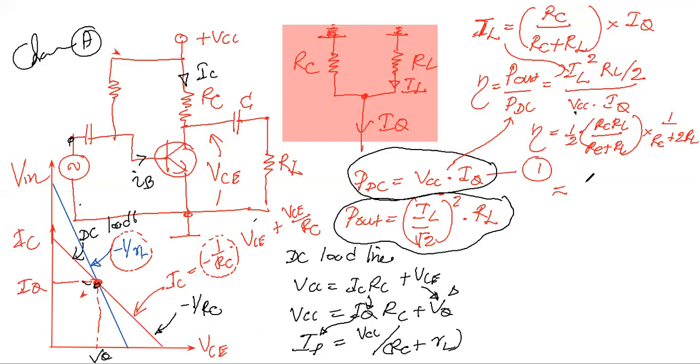And if you solve this one, you will get 1 divided by, half into, RC plus 2RL. If you multiply this one by 100, just substitute that 100 here. You can write down here 100.